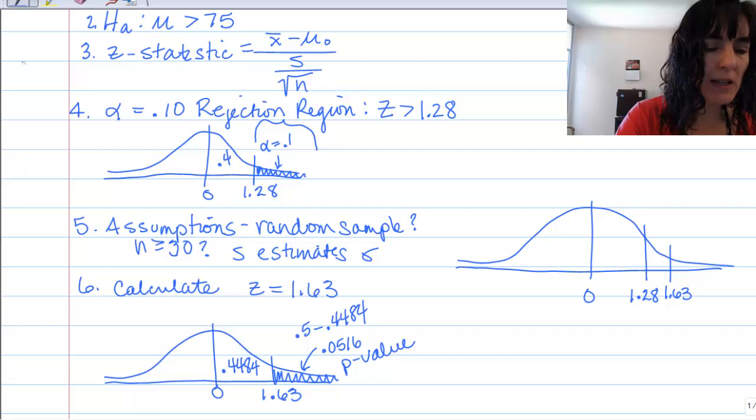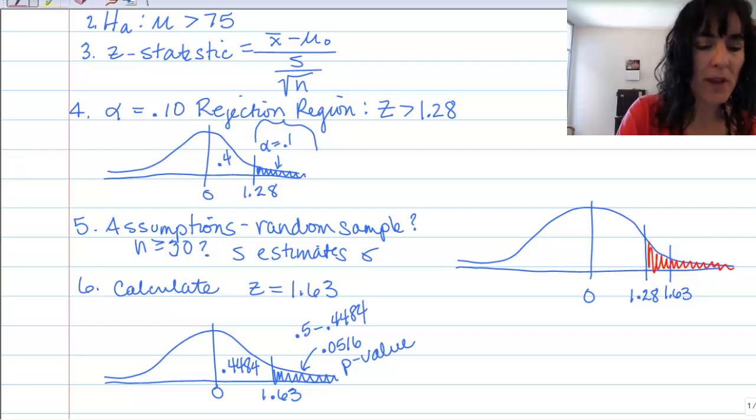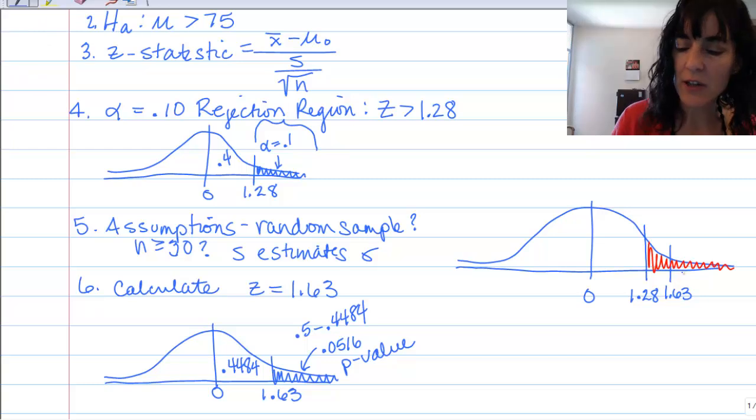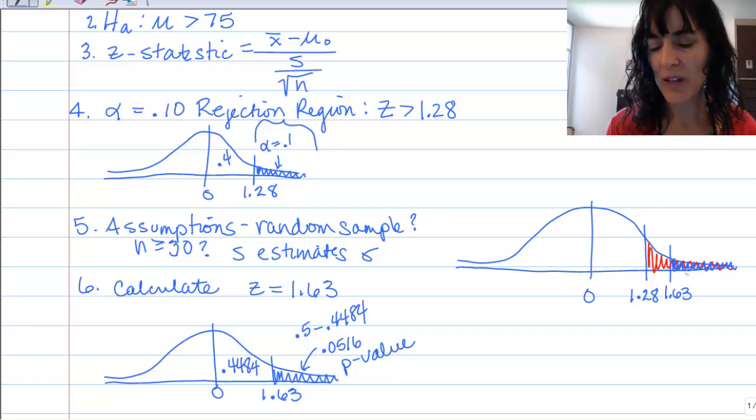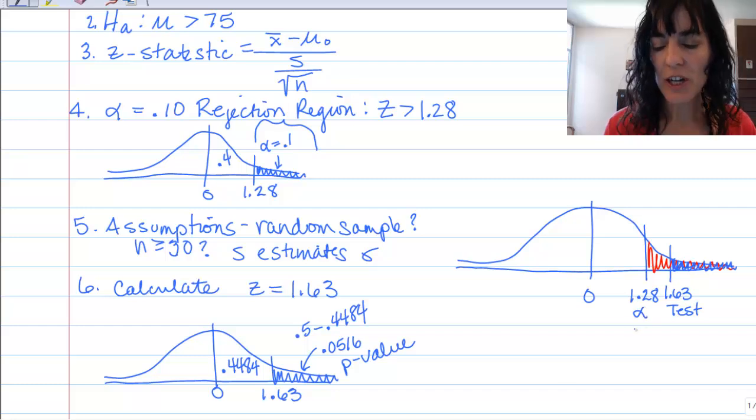I'll do my rejection region in red. If my test data falls into the red region, then I will reject H0, and here is the test data itself, and I'm making it blue on top of the red. So this is our test, and this is our rejection region.